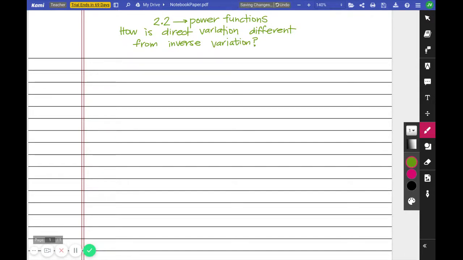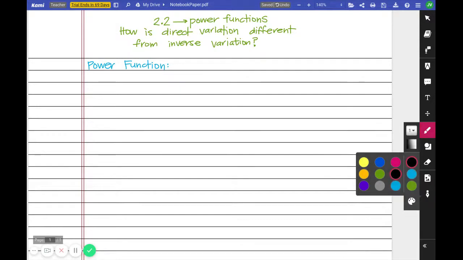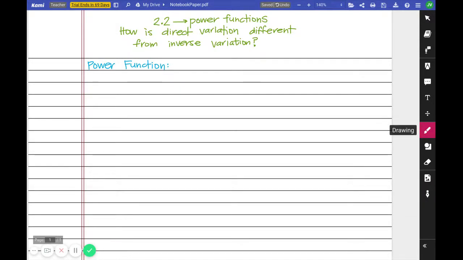So, first of all, let's define what a power function is. Specifically, there's some rules that a power function has to follow, right? It looks like this. We're going to call it f of x equals k x to the n.